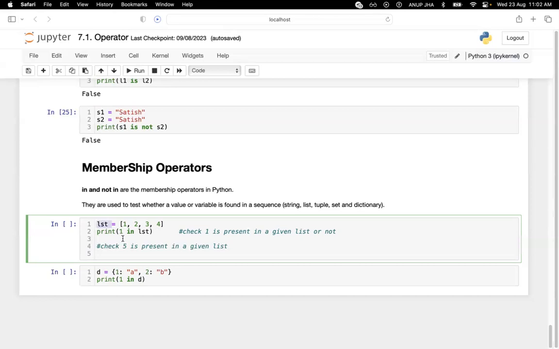It is asking, is 1 present in this list? LST is the list. So is 1 present in this list or not? True. So what value shall I get? True here.